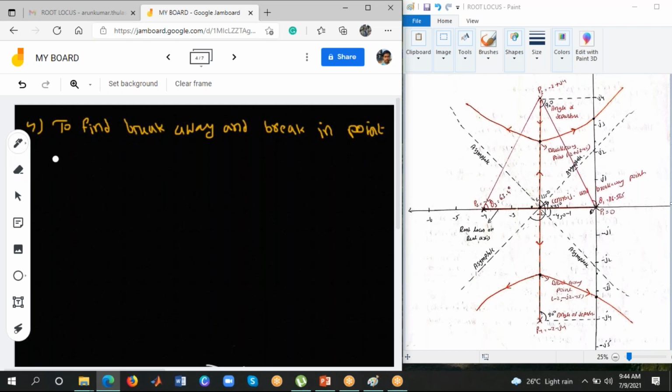So the K equation is K equals to minus S power 4 plus 8s cubed plus 36s square plus 80s.